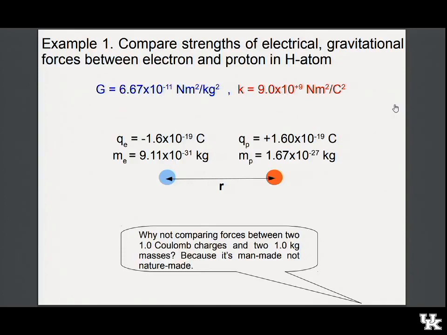And we're going to compare the gravitational force between the electron and proton's masses. And I've written those masses here. So the charges are equal sized, but opposite signs. The masses, there's only positive masses, but they're very different. The proton is like an elephant compared to a mouse, compared to the electron. So the proton is about 1,000 times heavier. Anyway, we'll compare the role of gravity and electricity in a basic hydrogen atom.